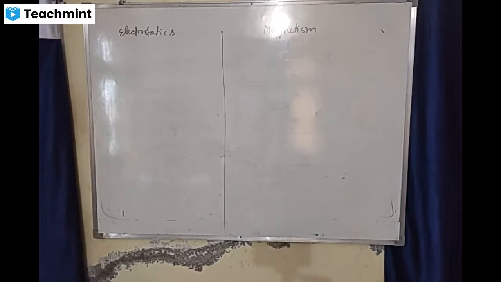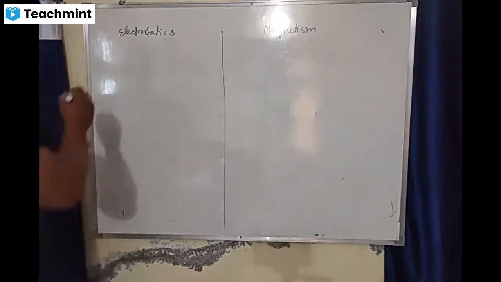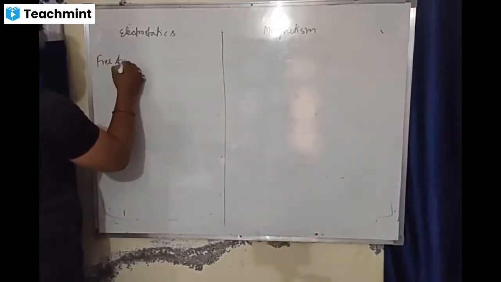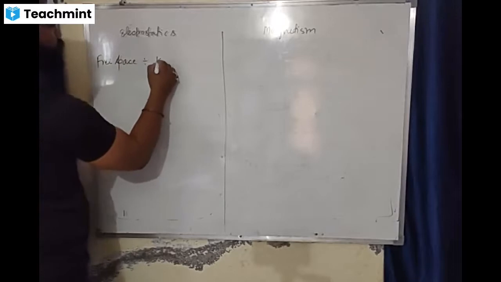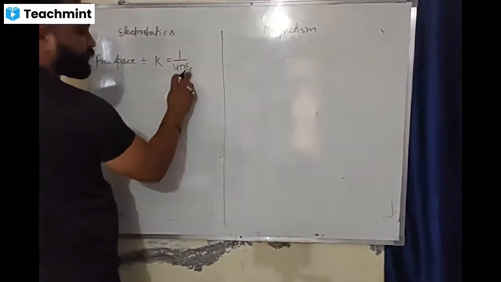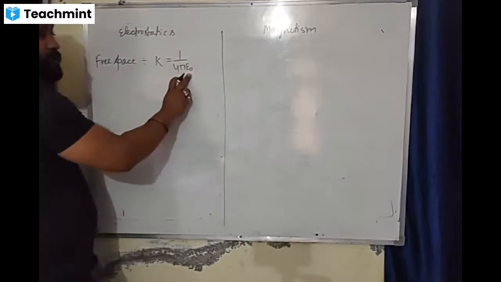First of all, if we talk about free space, the value of K in electrostatics is 1 upon 4 pi epsilon naught, where epsilon naught is the permittivity.